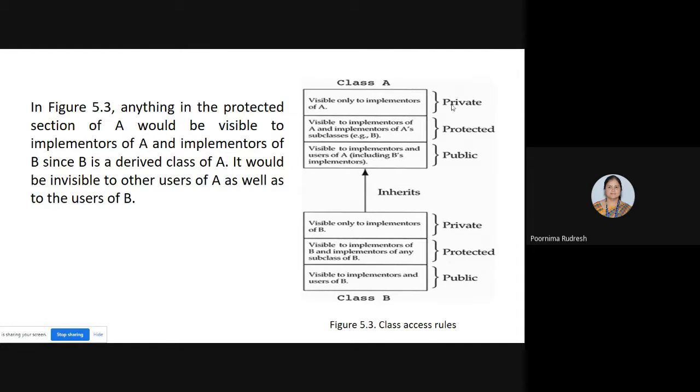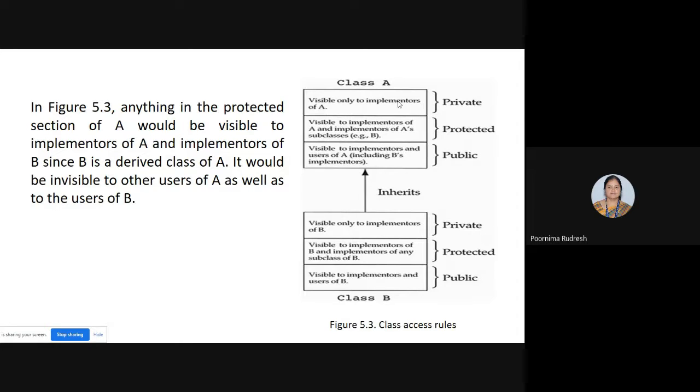So here, this private for class A, if we declare it as private, then this private area is accessible only by the implementers of class A. But it is not available to the B also, even though it is the derived class of A. But class B cannot see the private area of class A.